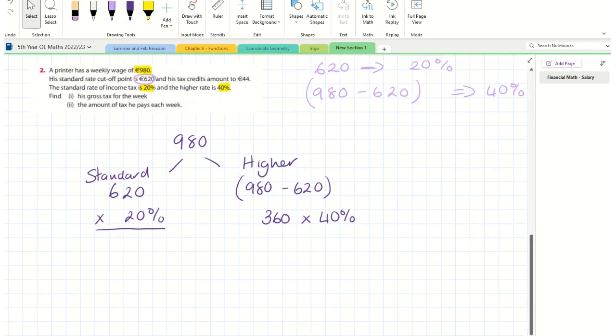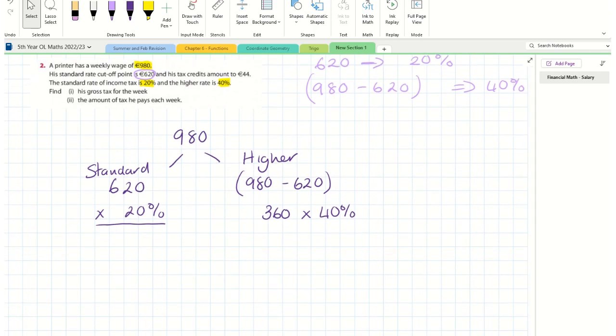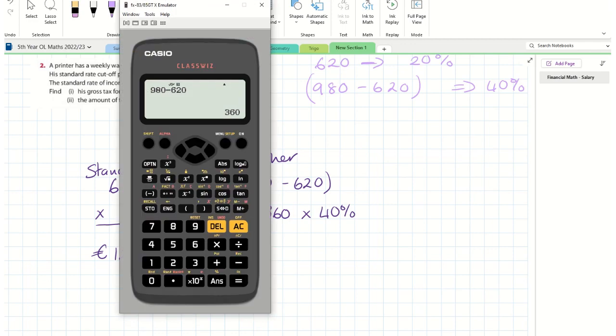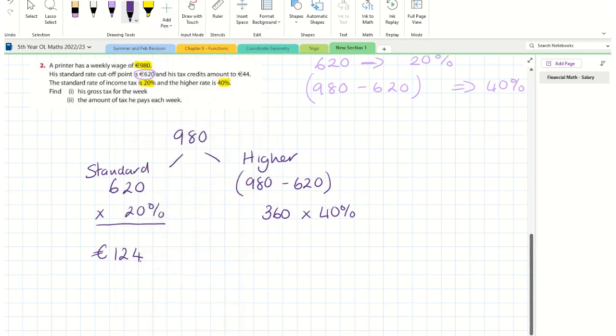So 20% of 620, well, 10% is 62. So 20% is going to be 124. 62 plus 62 is 124. And then in this case, 40% of 360. So 360 multiplied by 40% is equal to 144.